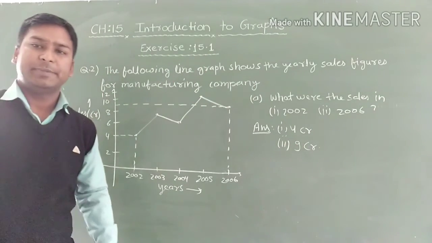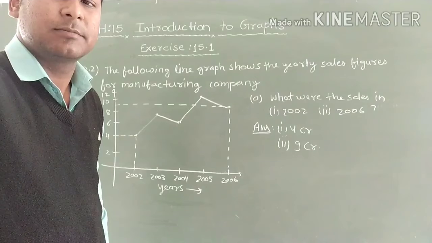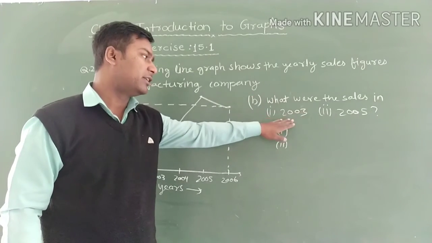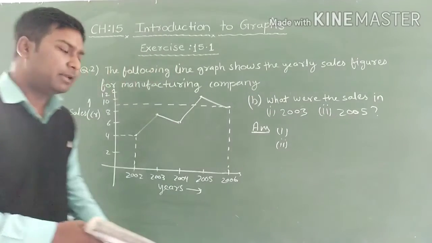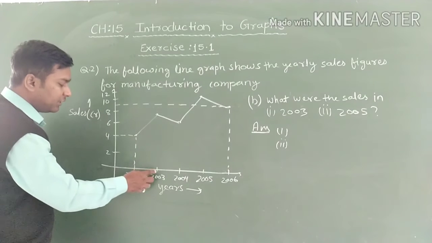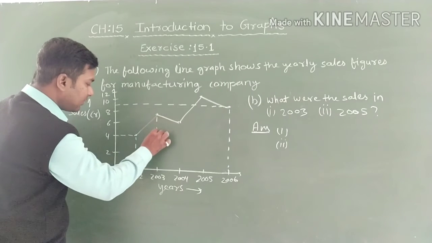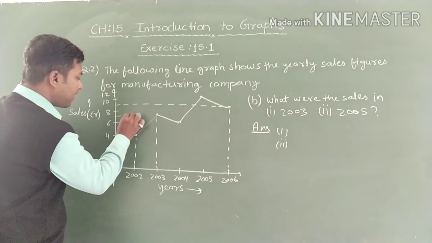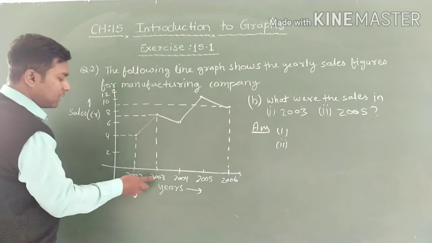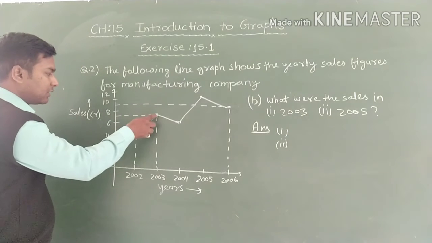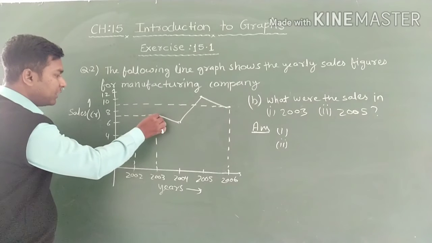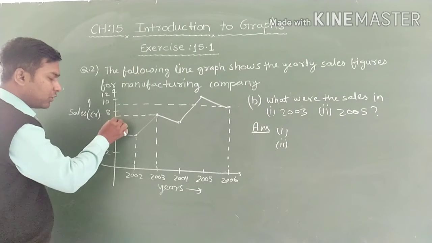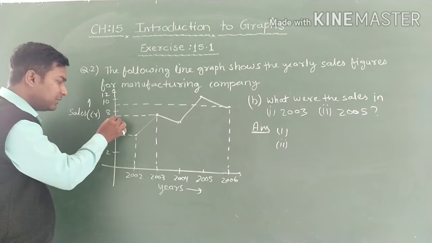Now next, B part: what were the sales in 2003 and 2005? Similarly, at 2003 we have to draw a dotted line. At 2003 the graph meets at this point and this shows 7 crore, because it is the point in between 6 and 8.